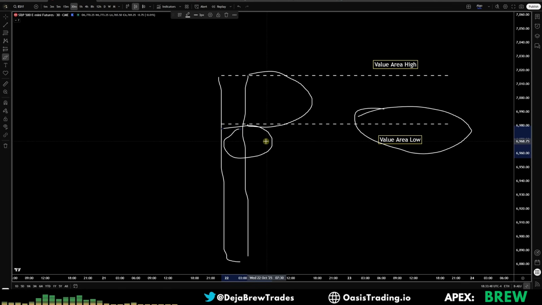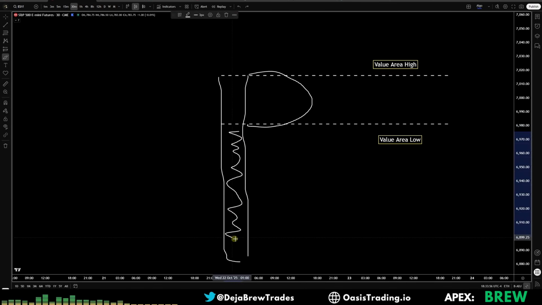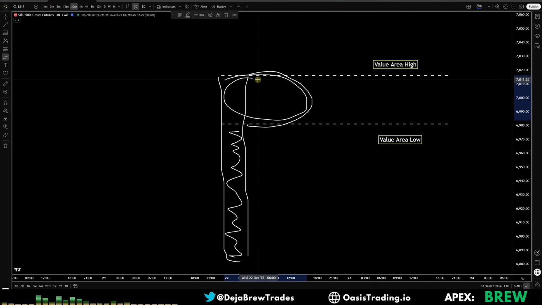So what are they looking for? Well, if we remember what a P shape is showing you, it is showing you that this is a very weak value, very low value tail, and most of our value is on this value high, this value area towards the high.